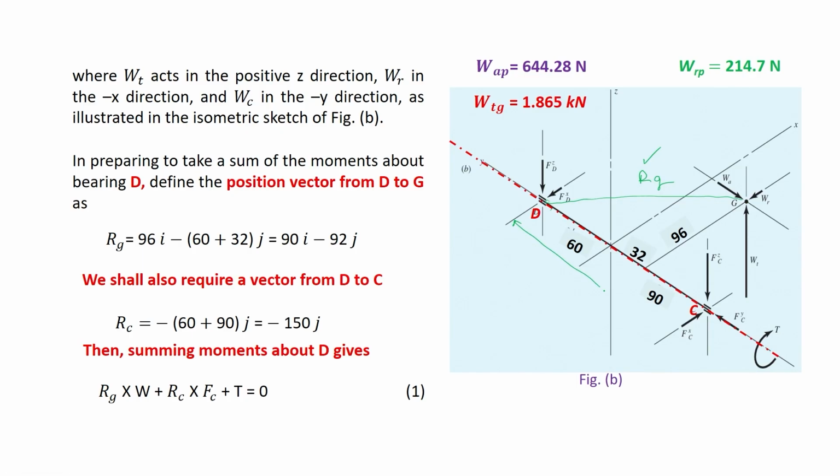Then summing moments about D gives Rg cross W vector, plus the Rc position vector cross the force vector at C, which is Fc, plus the torque along the y axis.